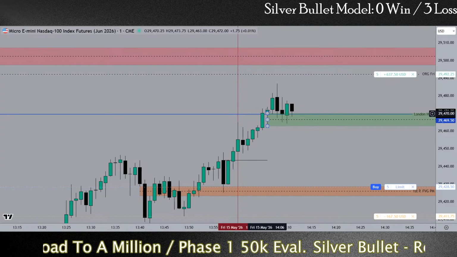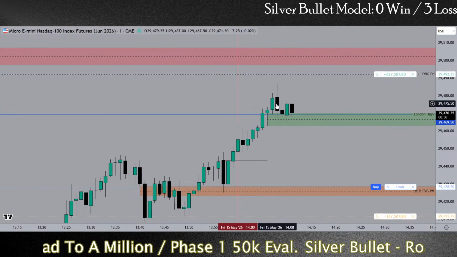Still no fair value gap since 2 o'clock.